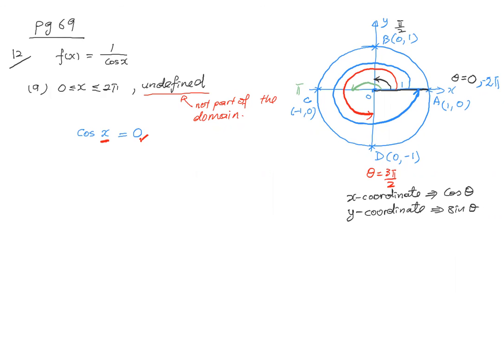B and D. So what is the angle? Pi over 2 and another one? 3 pi over 2. So that is what you mean by undefined. Are you clear? Okay.